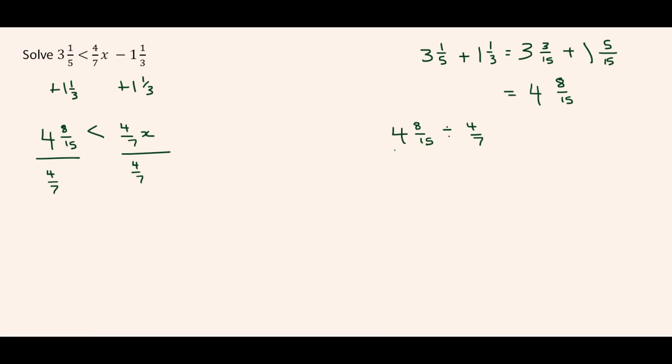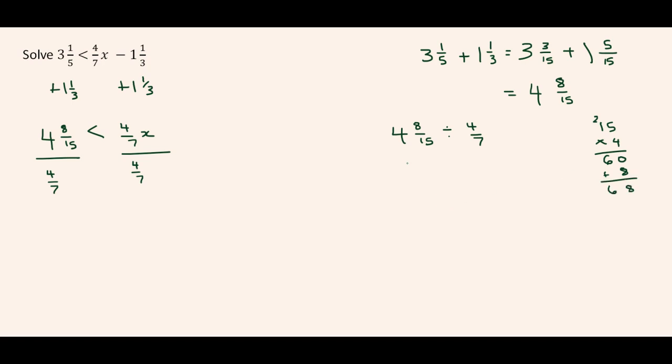The first thing we're going to do is rewrite this mixed fraction as an improper fraction. So 15 multiplied by 4, 5 times 4 is 20, 4 plus 2 is 6. Then we add 8 to that, we have 68.